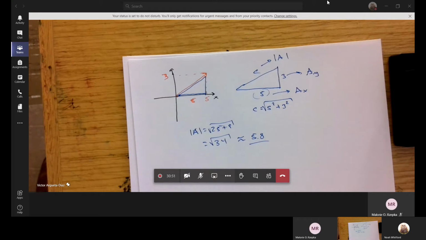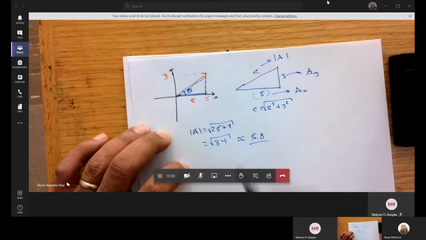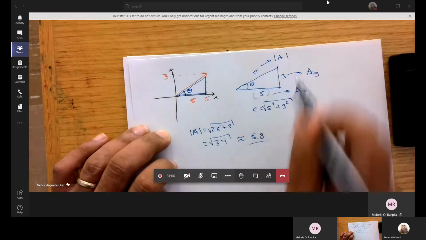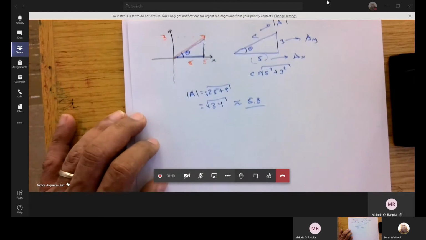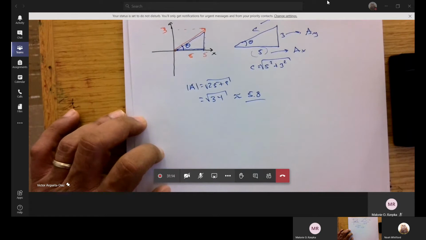Now, we know that to have a vector, we need two things. We need the magnitude, and we need the direction. The direction is measured in degrees, and the direction will be this angle over here. And here's when you need to remember your trigonometry.